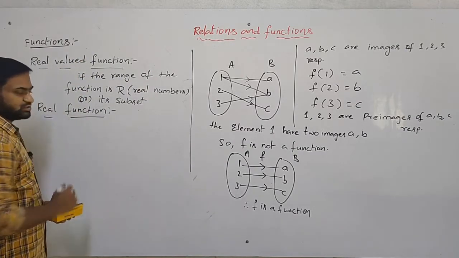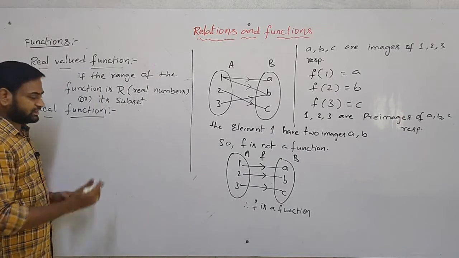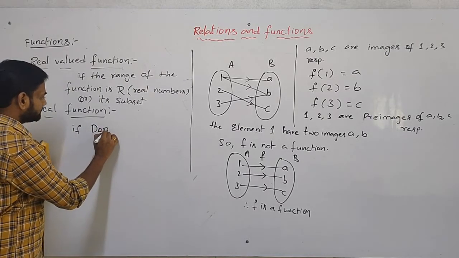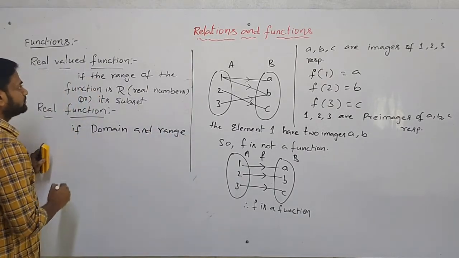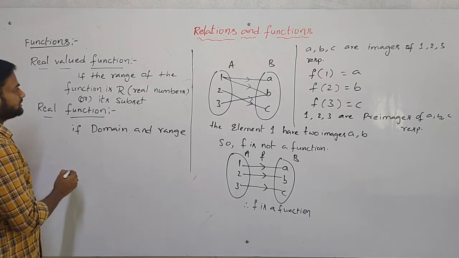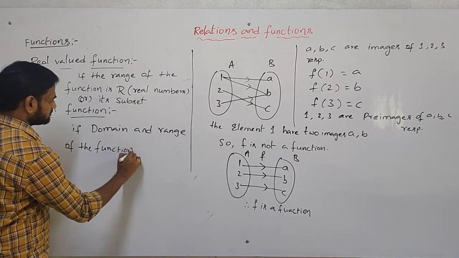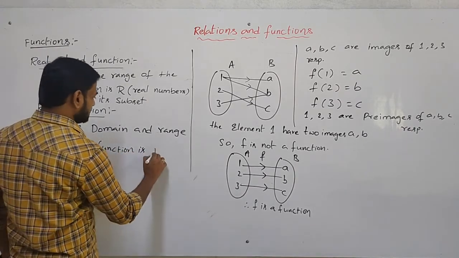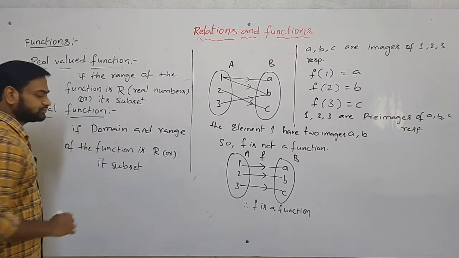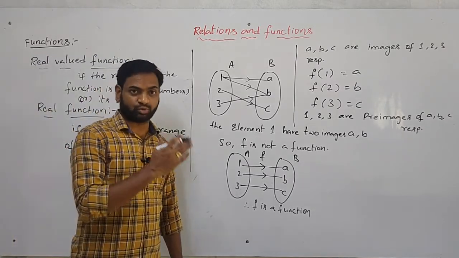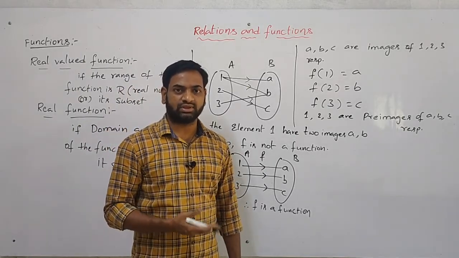Next, what is a real function? Here it was only the range, but here it is both domain and range. If the domain and range of the function are either real numbers or their subsets, then we can say it is a real function.